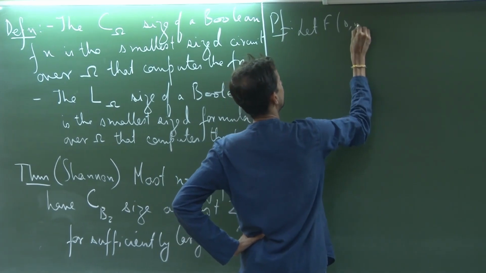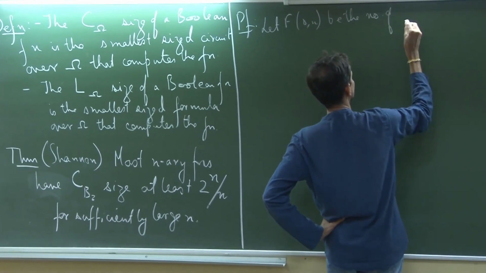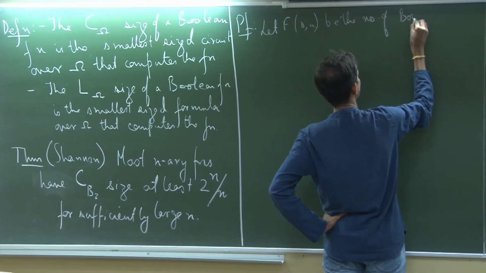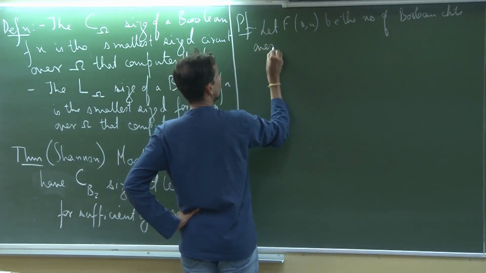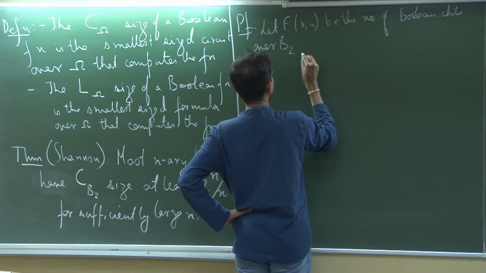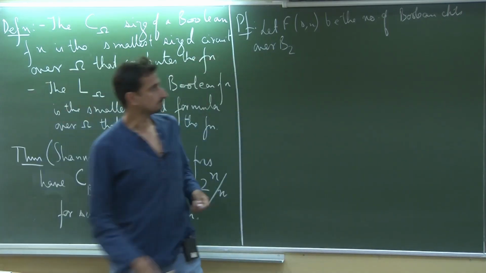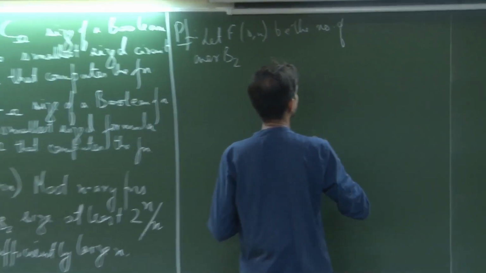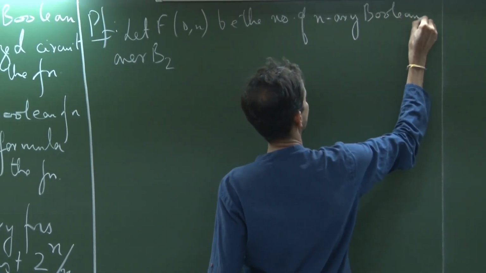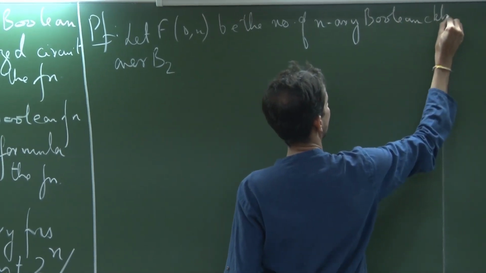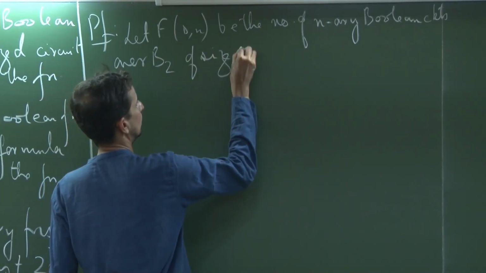So, let F s of n be the number of n-ary Boolean circuits over B2 of size s.